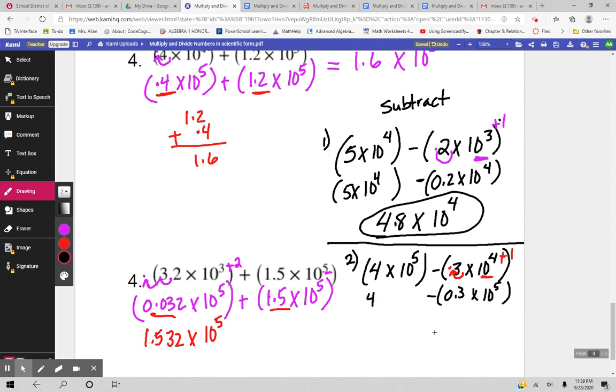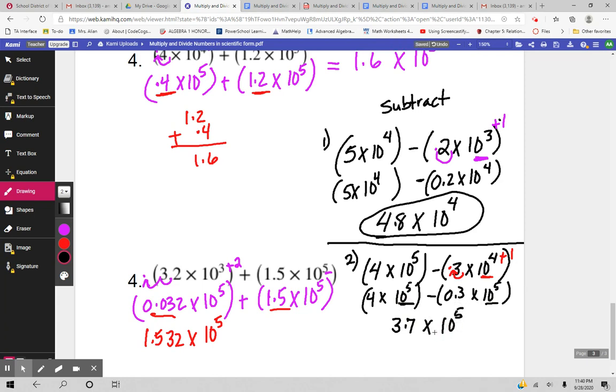And this one stays the same. Okay, so 4 minus 0.3 is going to be 3.7 times, keep the matching power, 10 to the 5th.